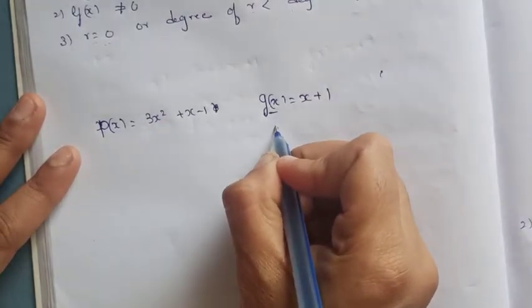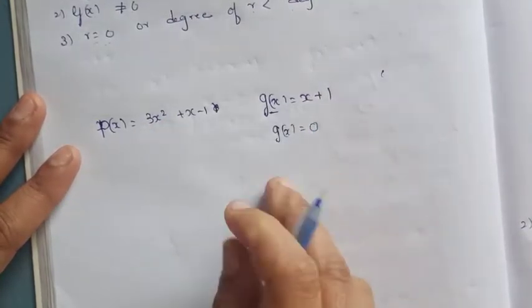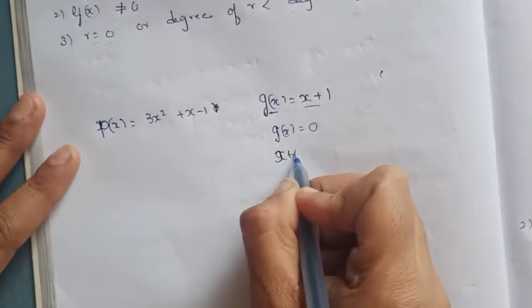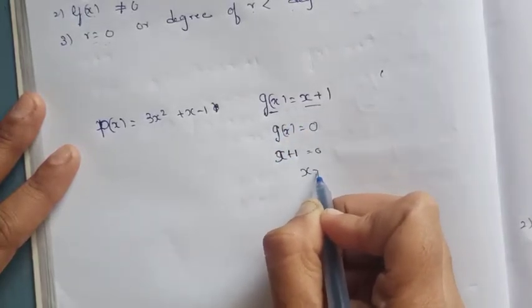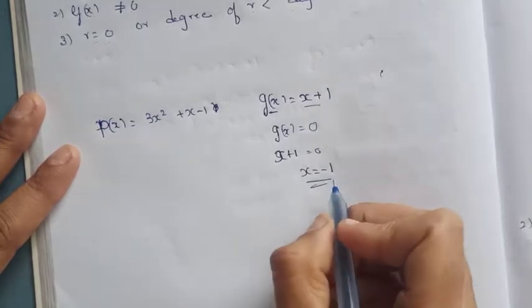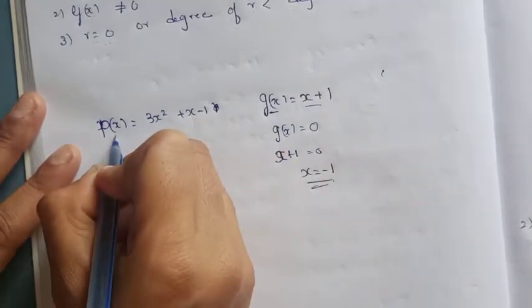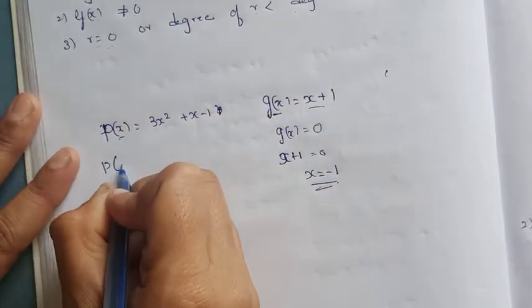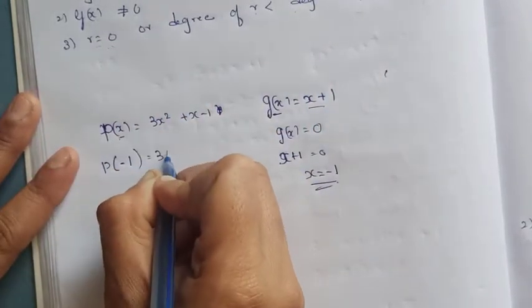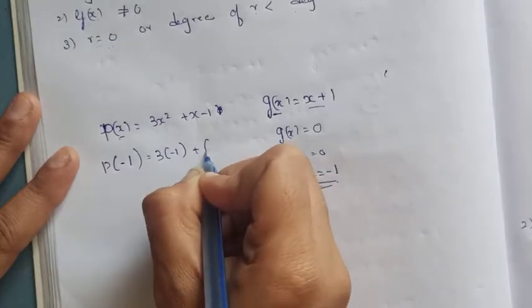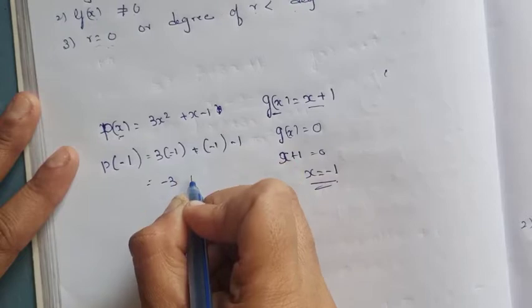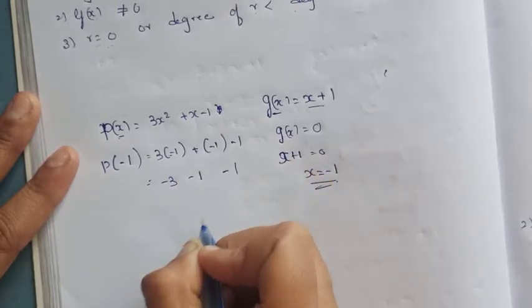Take g of x equal to 0. Here g of x is x plus 1, so x equals minus 1. Substitute this minus 1 in the polynomial p of x: 3 into minus 1 whole square plus minus 1 minus 1.